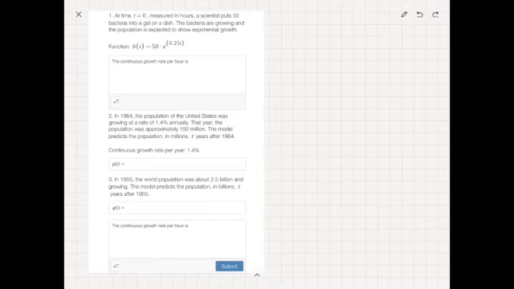Okay, the bacteria are growing and the population is expected to show exponential growth. So the population of the bacteria is our output. How many bacteria are there after so many hours? Our input is hours for t. And then we have 50 times e raised to the 0.25t. So if we are going to identify our continuous growth rate per hour, all we have to do is look at where in the function the continuous growth rate is represented.